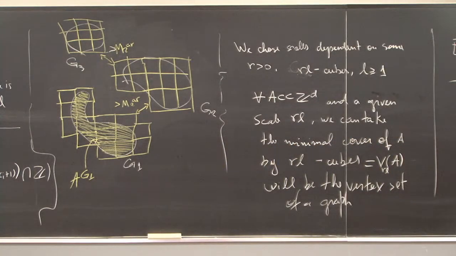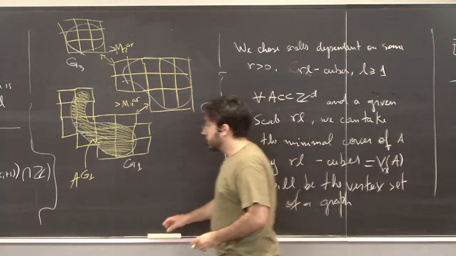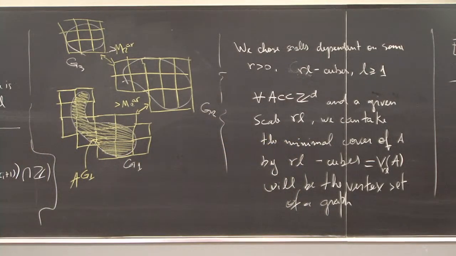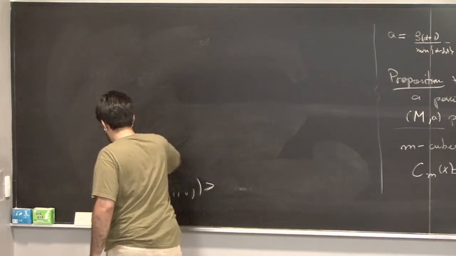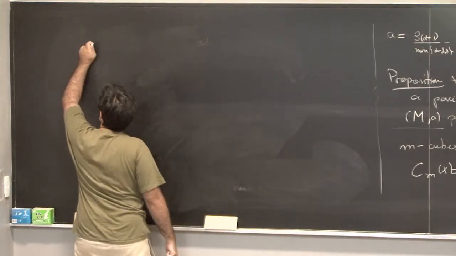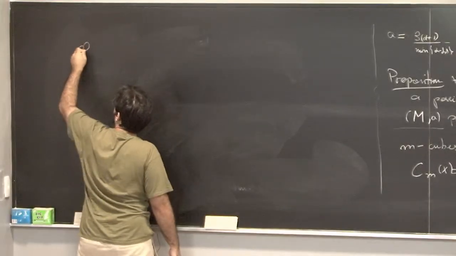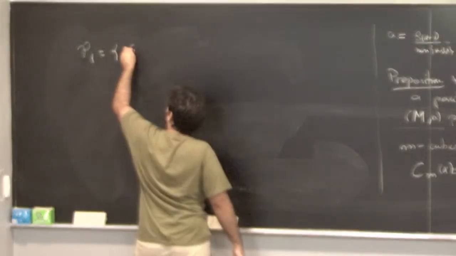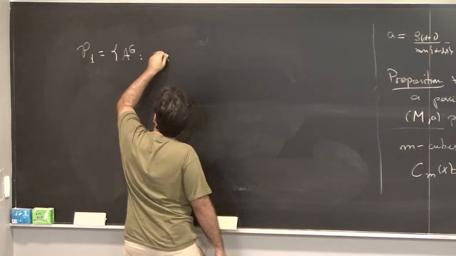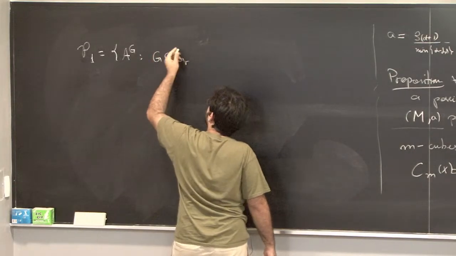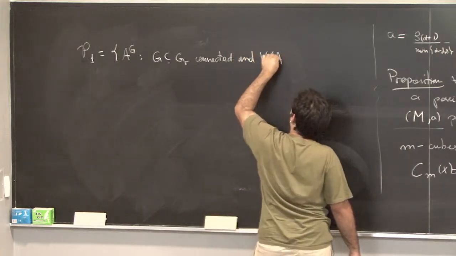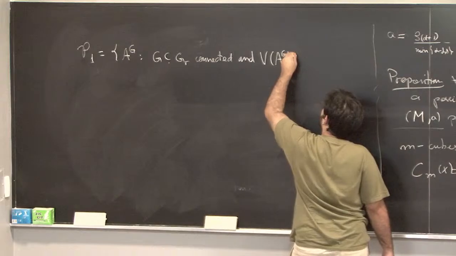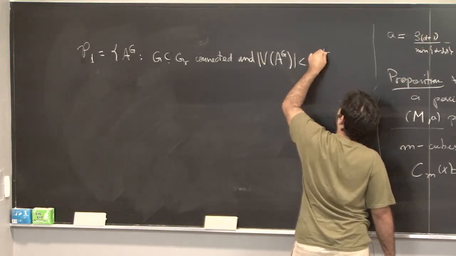Okay? So once you have this, you define the set P1 as being all the AGs where G is a connected component, GR, and the volume of AG is less than 2R D plus 1.